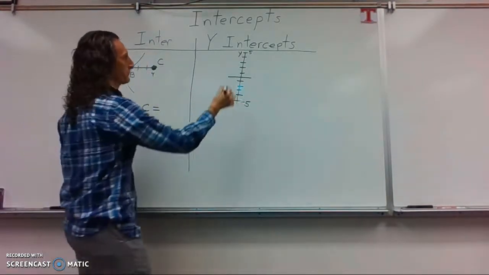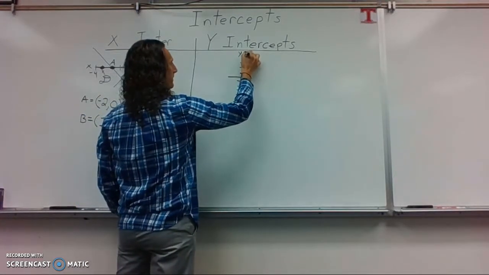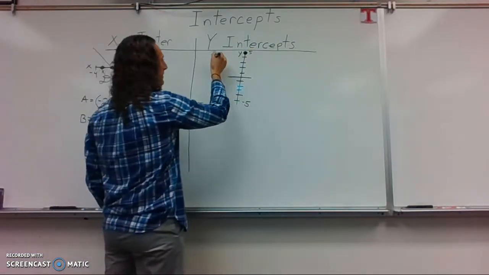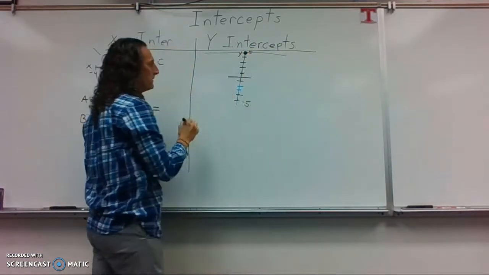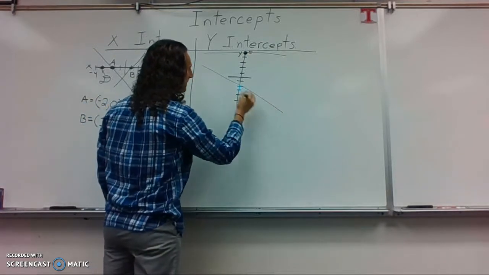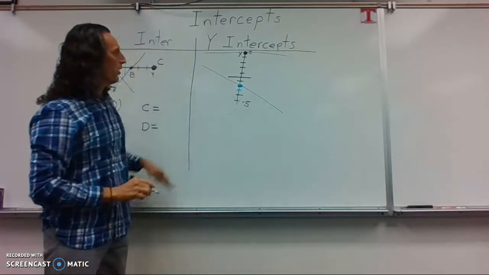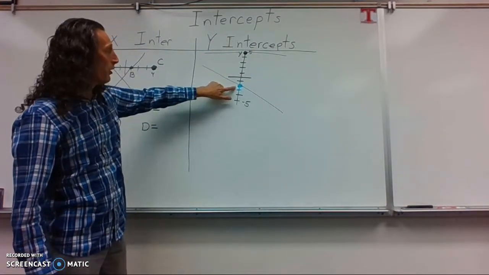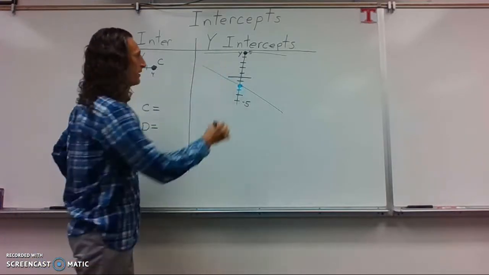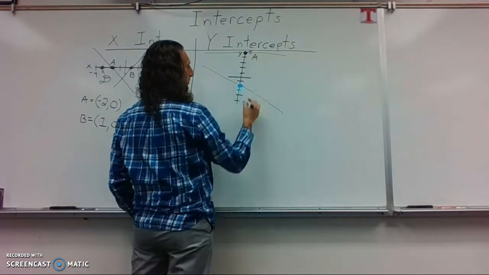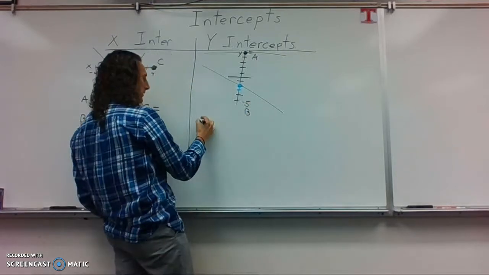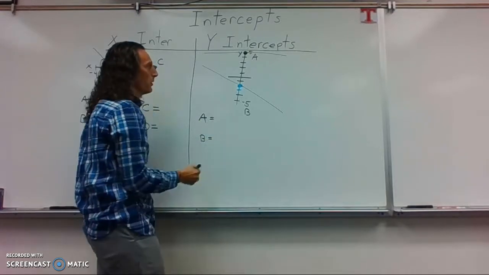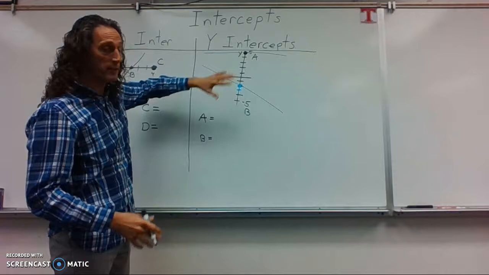But again, if a line crosses over the y-axis, the point at which it crosses is our y-intercept. And again, I'm going to label this one A, call this one B. You have A and B.